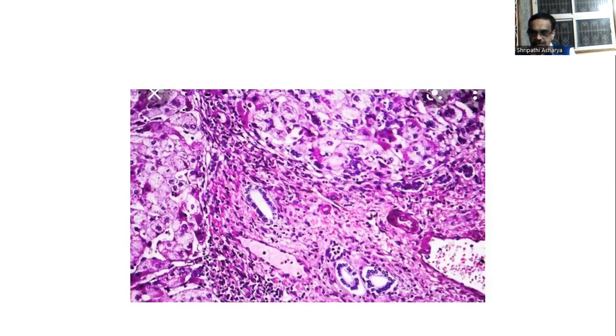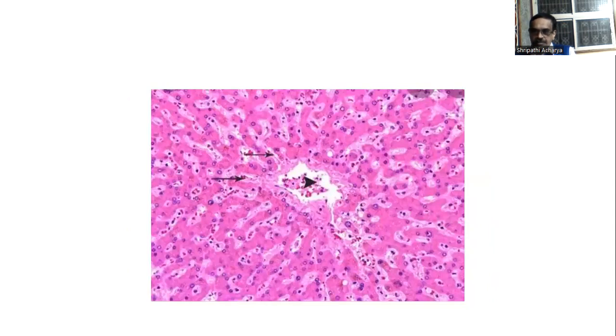So, actually, in the normal liver histology, if you study microscopic anatomy, the liver is made up of lobules, hepatic lobules. The hepatic lobules have a central vein at the center, and the periphery. There will be concentric hepatic lamina surrounding the central vein.